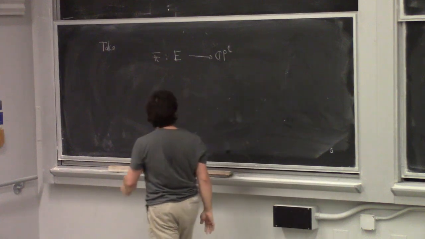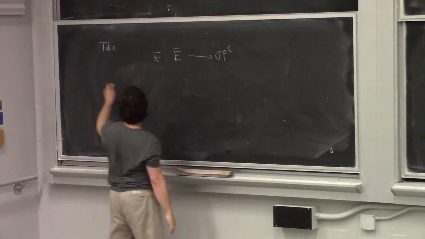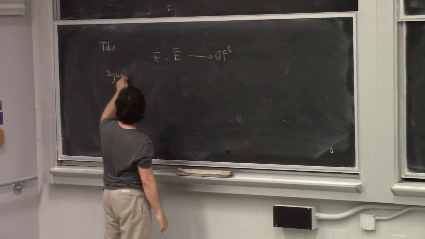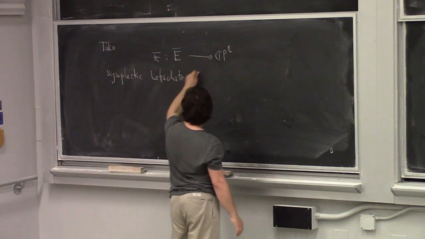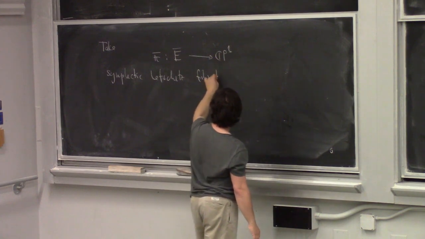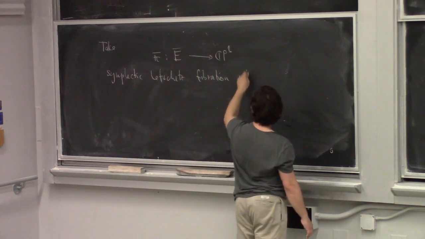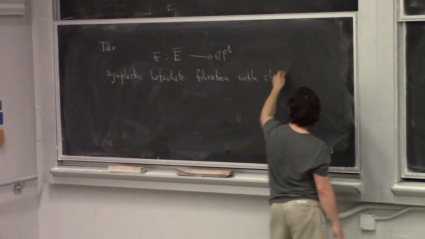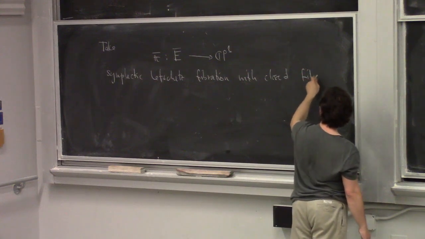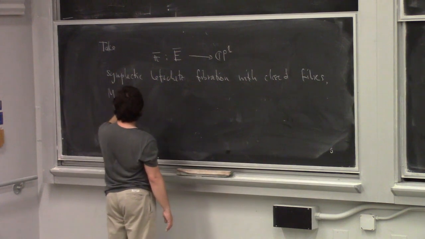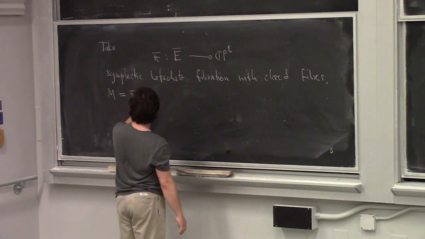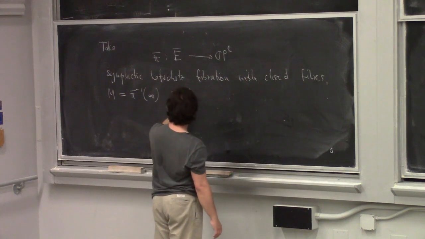So this guy here will be a symplectic Lefschetz fibration, with closed fibers. And let's assume, just for completeness, that the fiber at infinity is a smooth fiber.